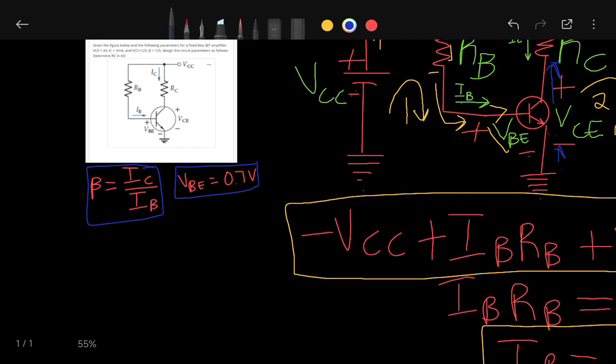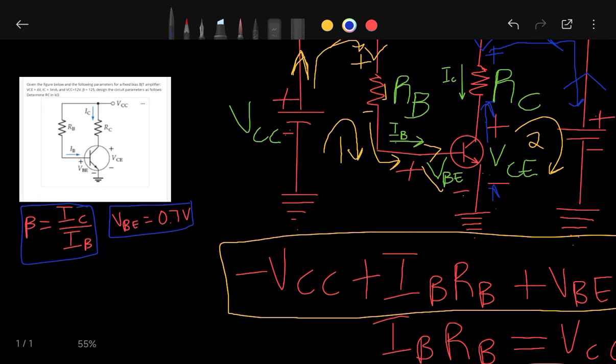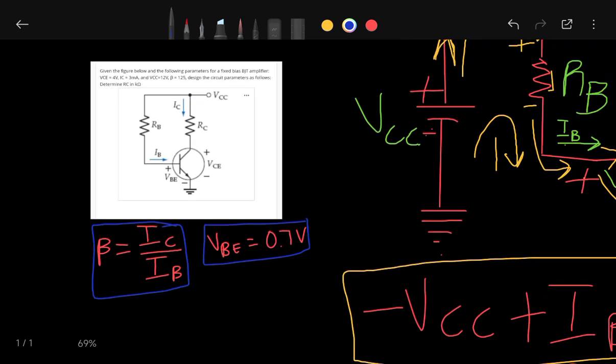You just have to do all those steps that I gave you. First, identify the type of circuit they gave you, and then draw two loops, a base emitter loop and a collector emitter loop. After drawing those loops, you assign the polarities, and then apply KVL.